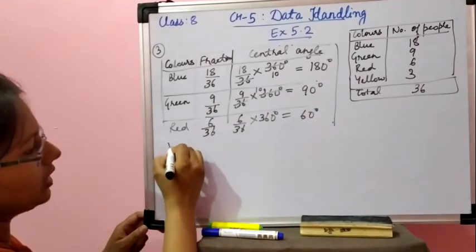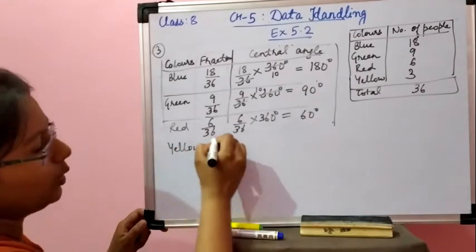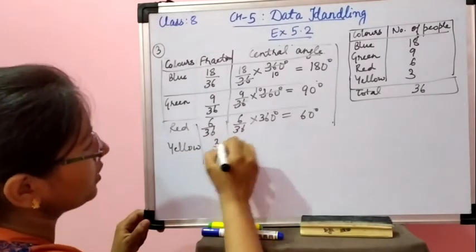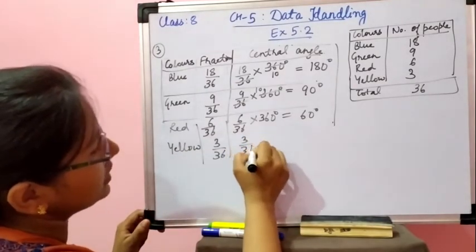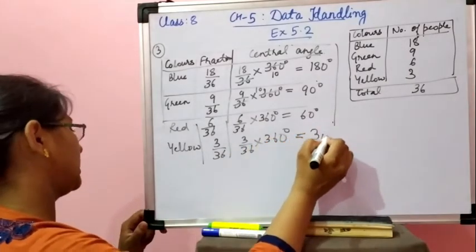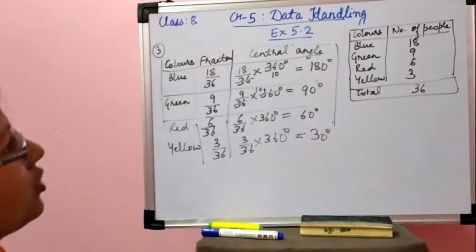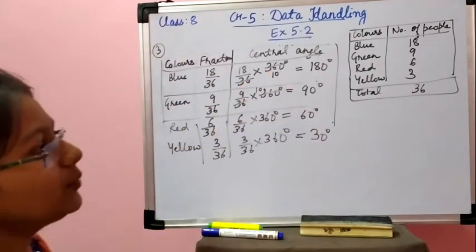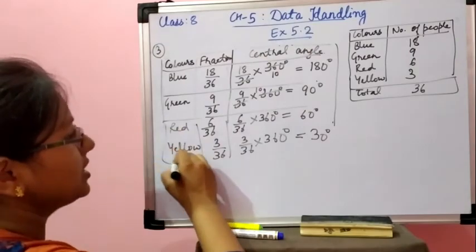Now for the next, yellow. Yellow is 3 by 36. So 3 by 36 into 360 degrees. What am I getting? 30 degrees. Okay, so you can see that colors are there, and the fraction we have found, and then we have found the central angle. So this is the table.